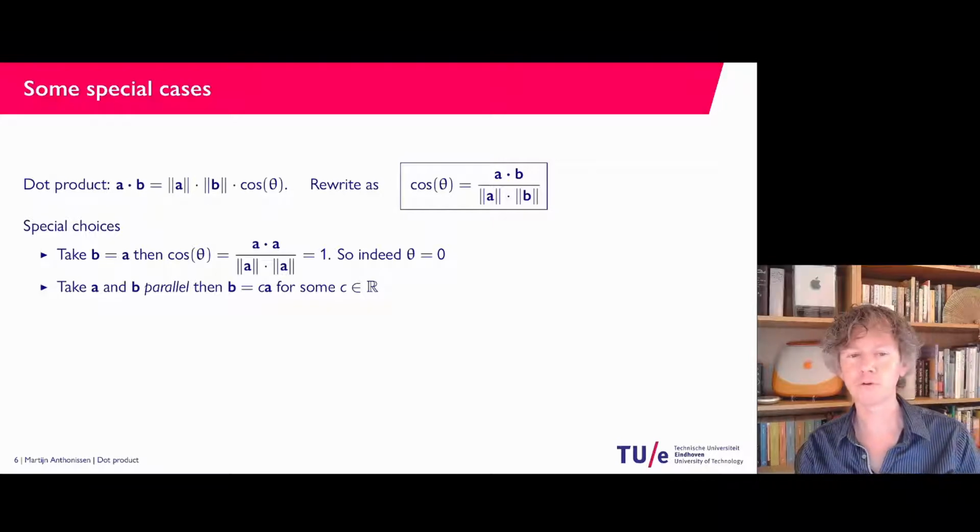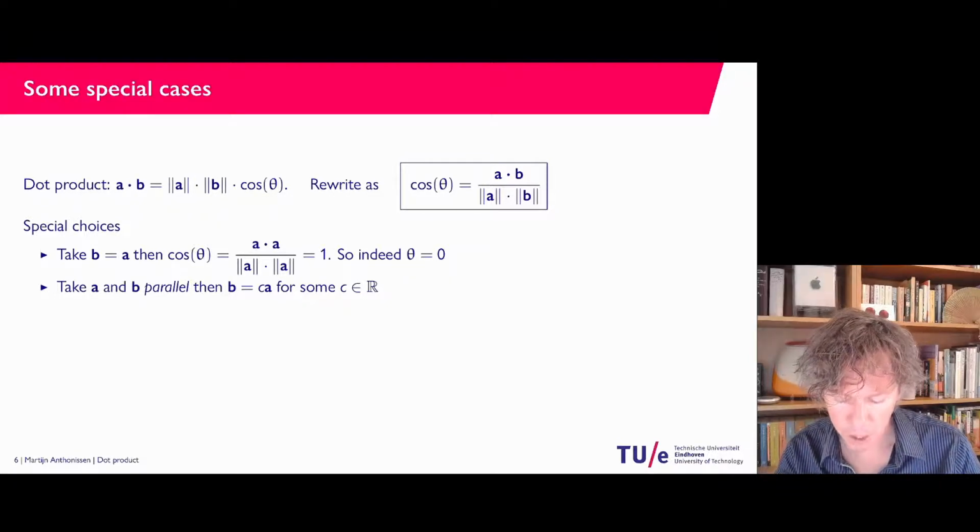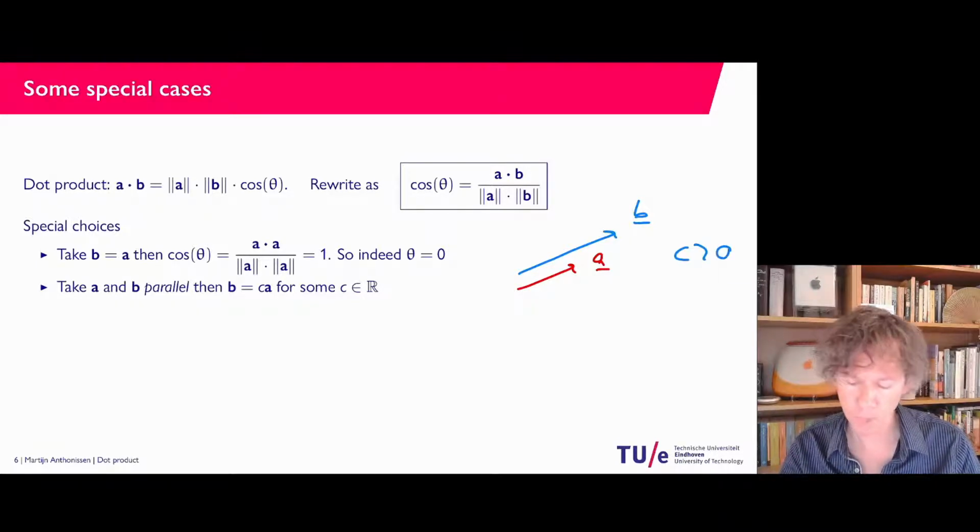Now, let's take A and B parallel. And we have seen in the previous video that means that B is C times A for some C, and 3 situations can occur. We can have A, and then B points in the same direction. That's the case C is bigger than 0.